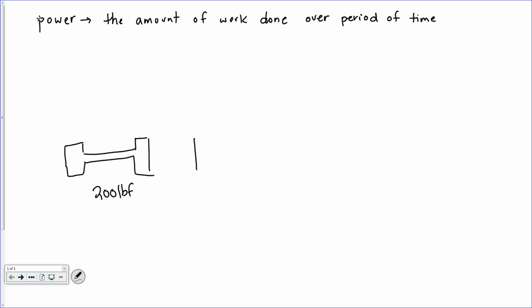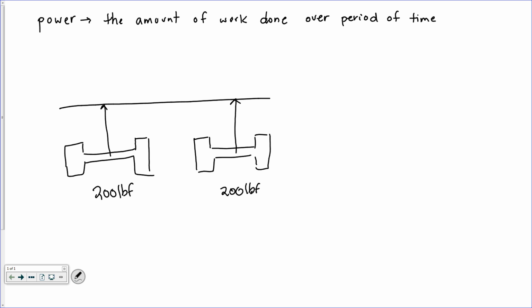Now, you and I can stand side by side and we can lift identical 200 pounds side by side. But maybe you can lift that weight a little bit faster than I can. Okay? We both lift at the exact same height, but you are able to do this a little bit faster than I can.